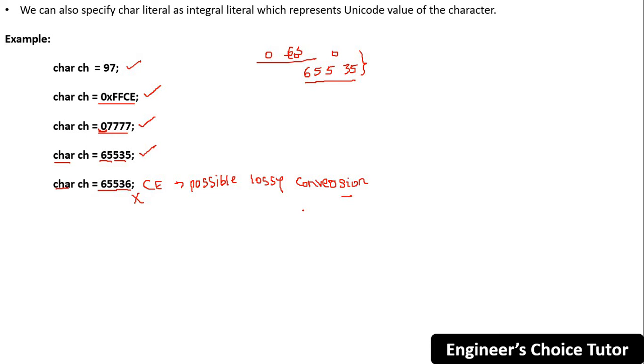Is it clear? Now see, every escape character is a valid char literal. We will cover this point, don't worry. Just remember right now that every escape character is a valid char literal.